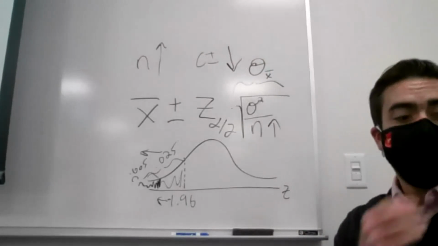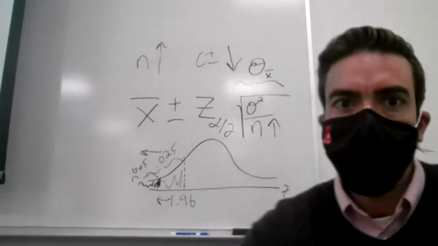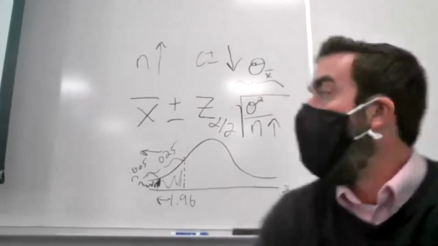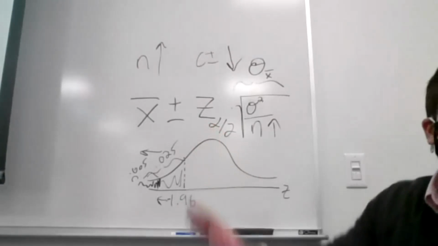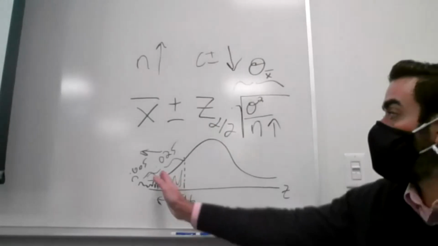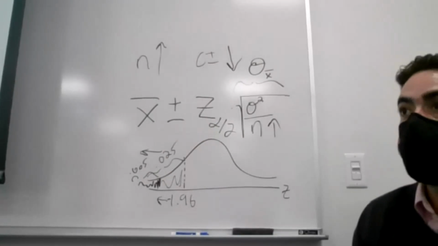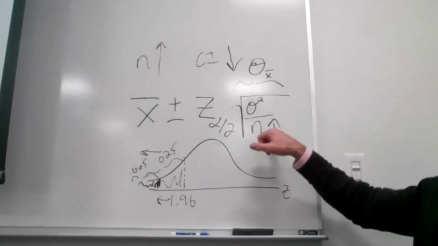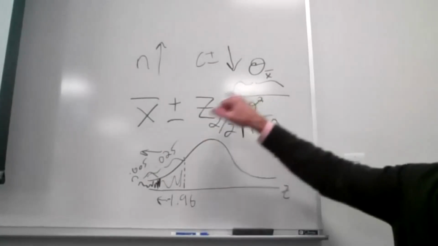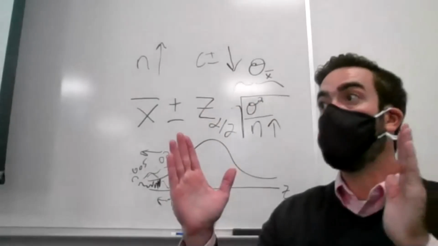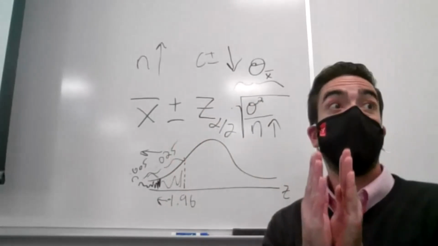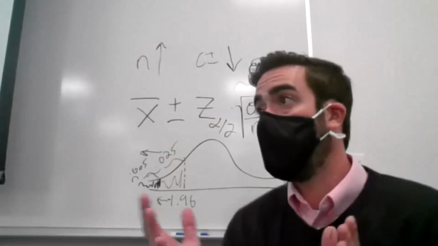So taking high sample sizes is great, because I can keep a really high level of confidence, even though my z-score might be a little bit higher. If I take really, really high sample sizes, it's going to decrease the size of this enough to where I can say things at a high level of confidence for a very narrow range of values, which is ultimately what we want to do.